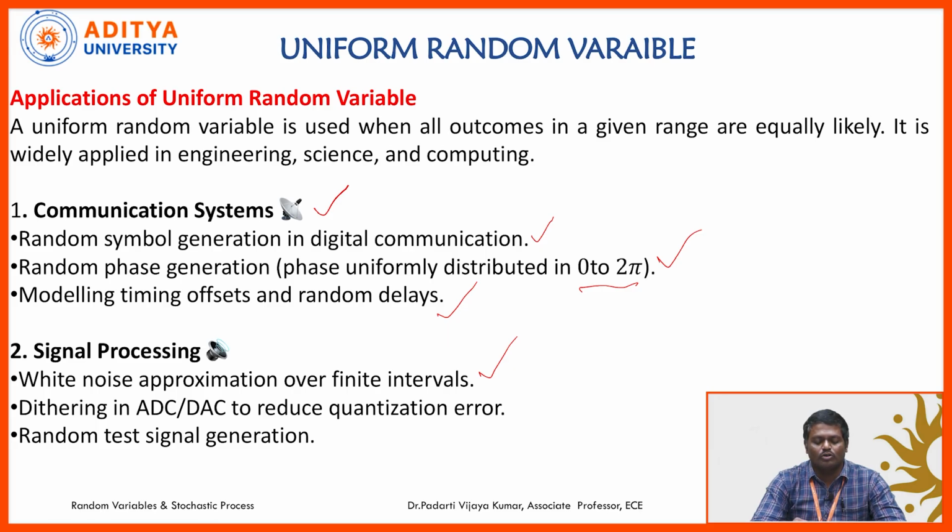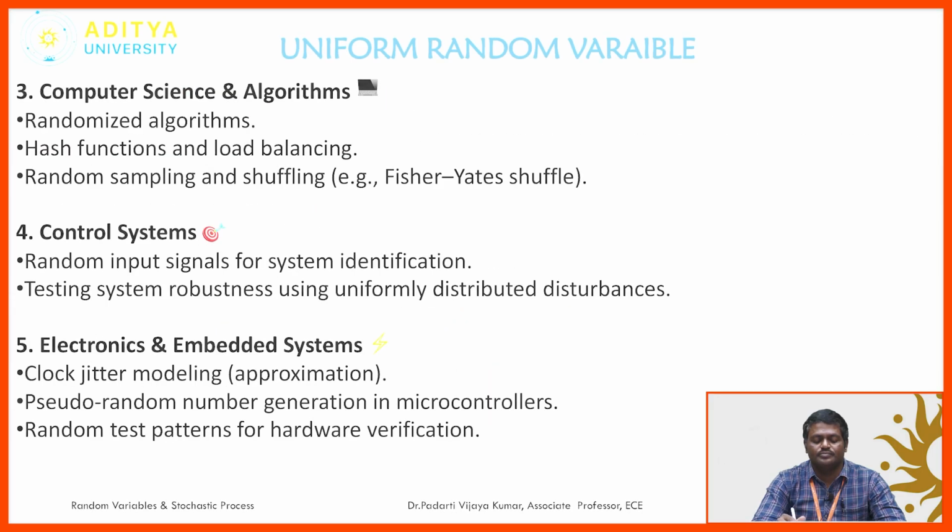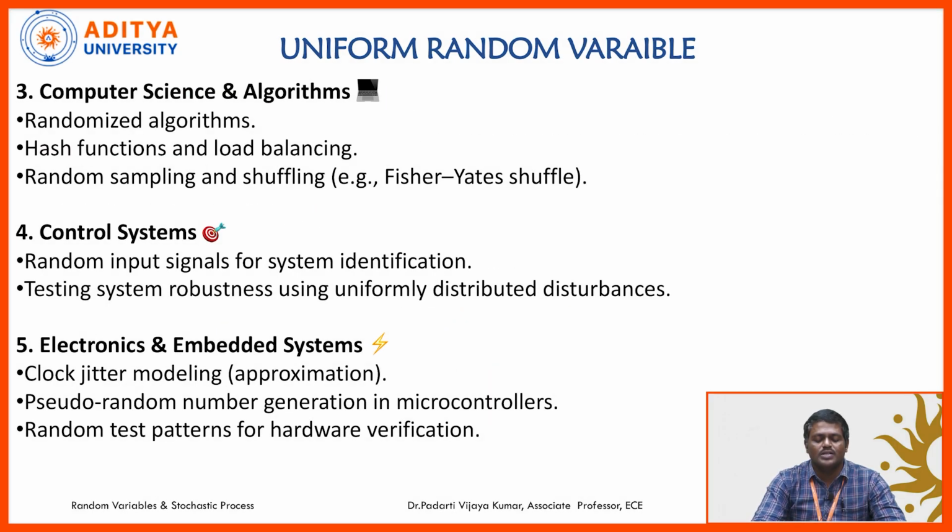For example, white noise approximation over finite intervals, dithering in ADC and DAC to reduce the quantization error, and random test signal generation. Also in computer science algorithms, we use the uniform random variable for hashing functions, load balancing, randomized algorithms, random sampling and shuffling.